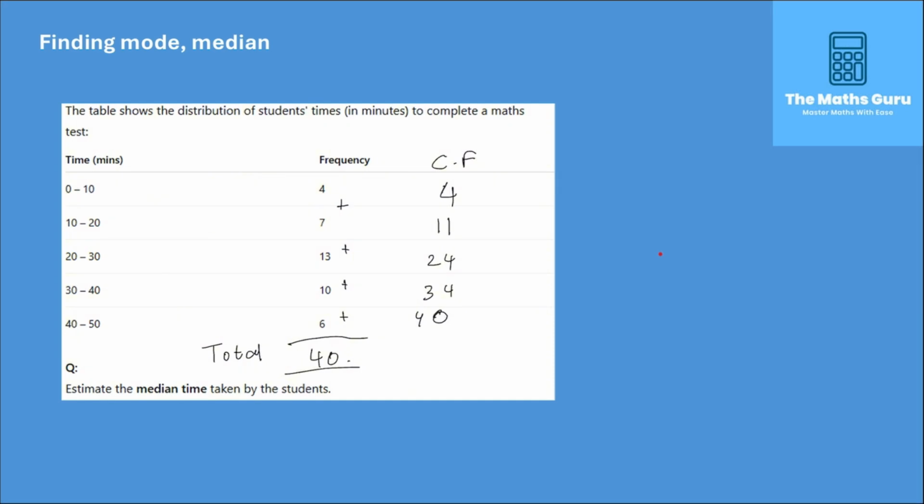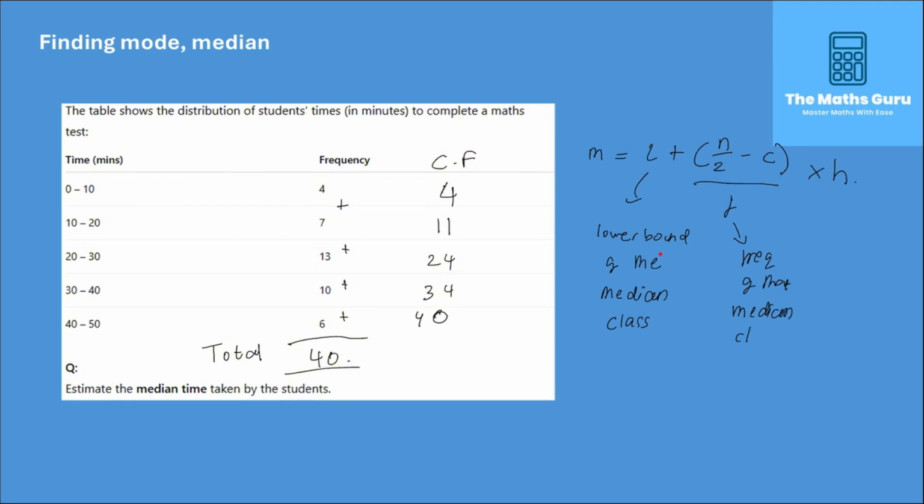So to work out the median, we have to use this formula, m equals L plus n over 2 minus c over f times h, where L is the lower bound of the median class, f is the frequency of the median class, h is the width of the median class.